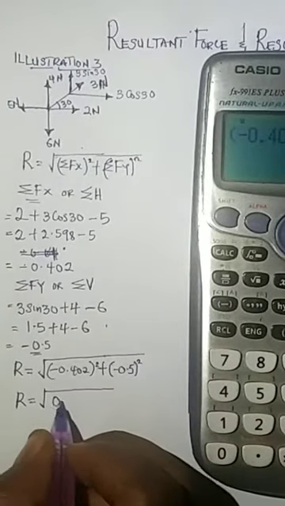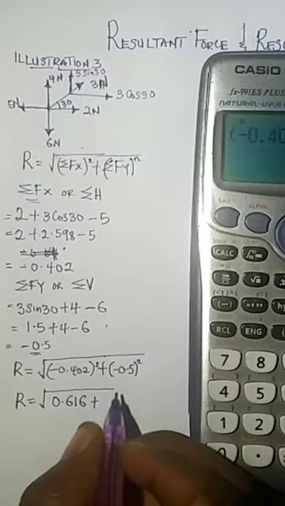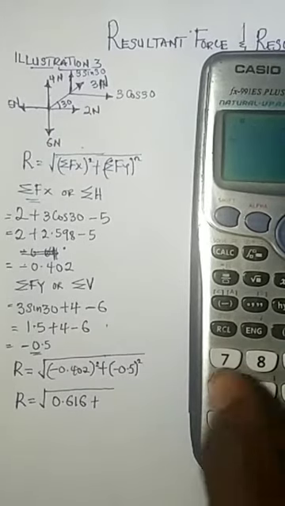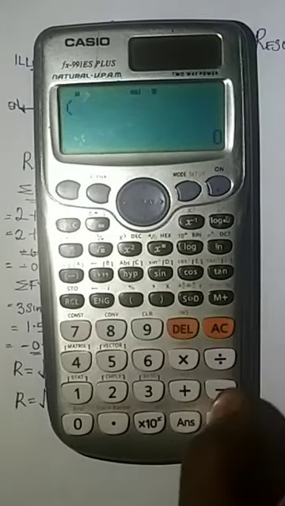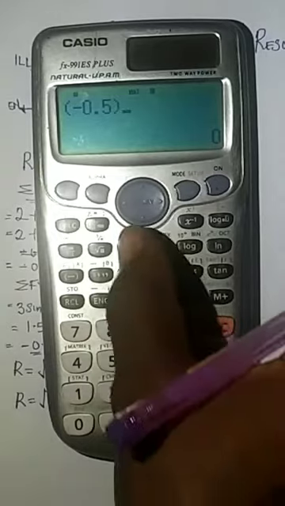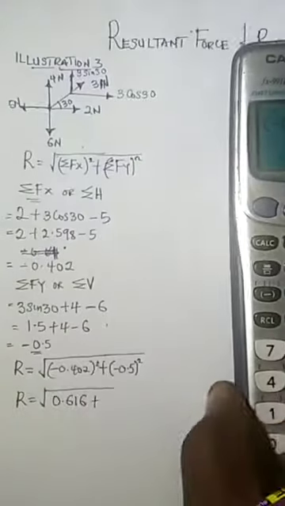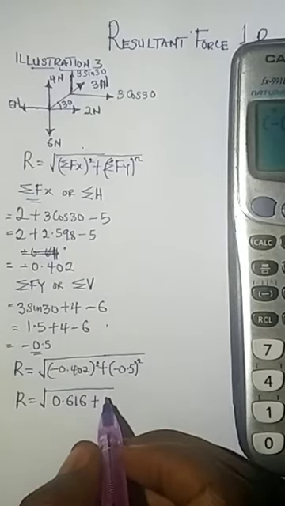We have 0.616 plus minus 0.5 squared. Let me put it here, minus 0.5 all squared, 0.25. So I am having 0.25.